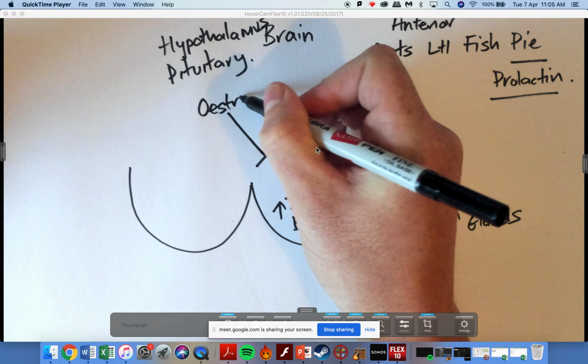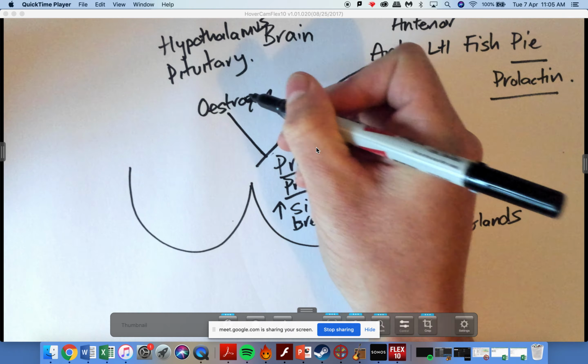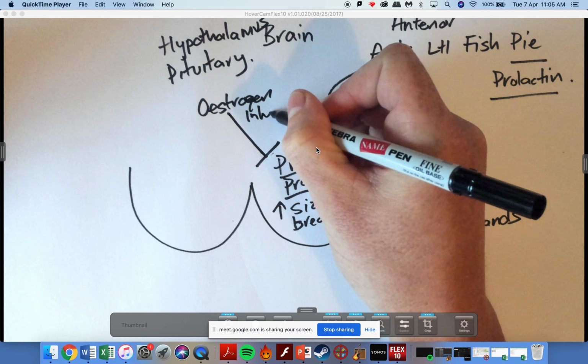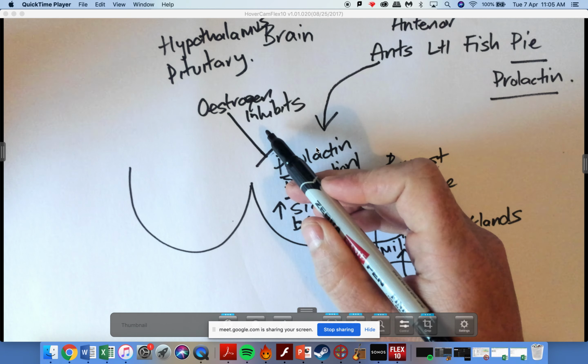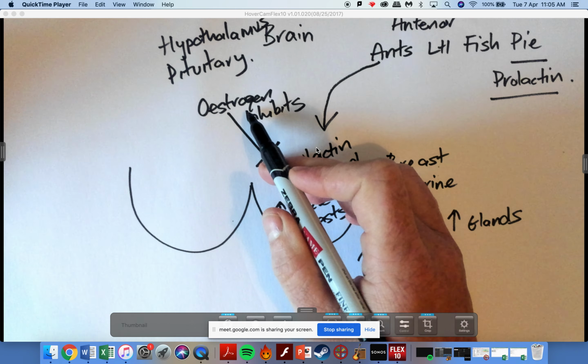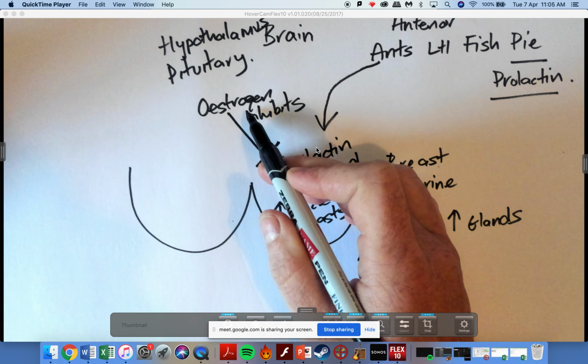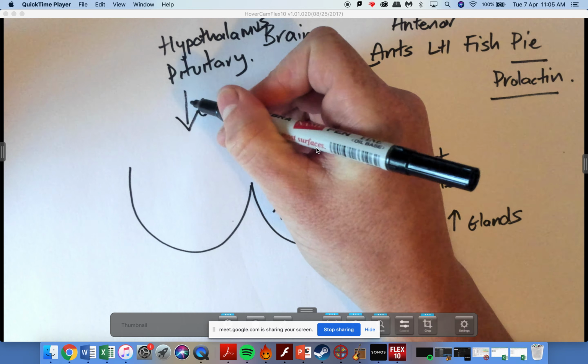Normally estrogen, which would be being released, inhibits prolactin. So in a non-pregnant female, estrogen would be inhibiting. But when we are approaching the time of birth, we get a reduction in estrogen.